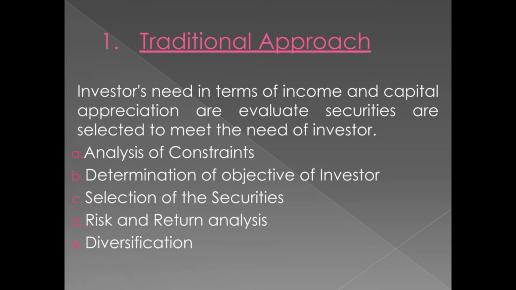Steps in the traditional approach: firstly, analysis of constraints; secondly, determination of objectives of investors; third, selection of securities; fourth, risk and return analysis; and fifth, diversification. We will discuss these steps one by one.